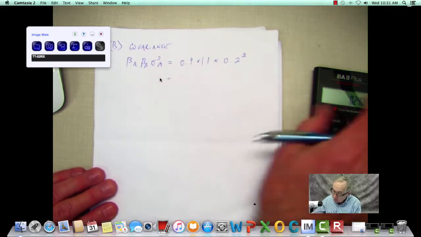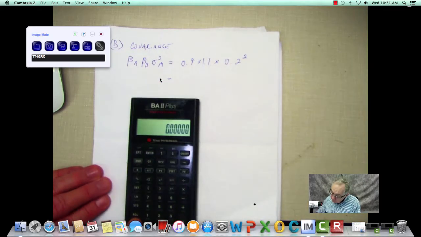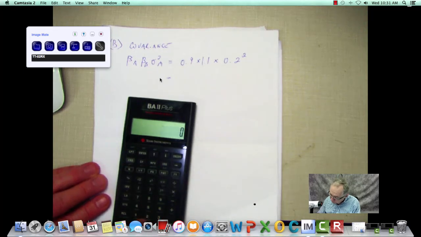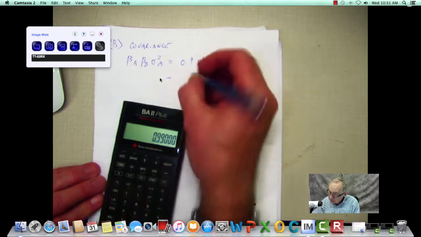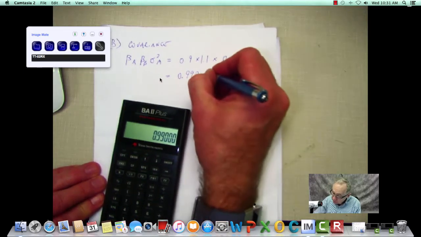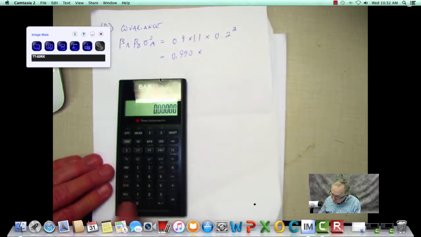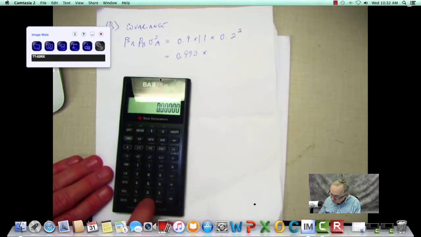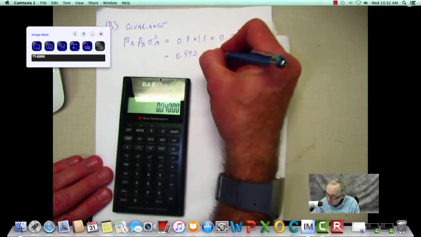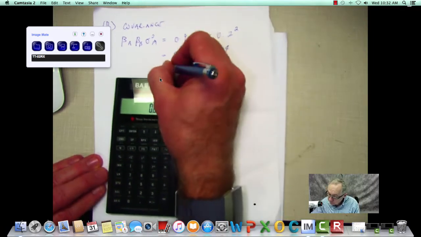So this becomes 0.9 times 1.1. 0.9 times 1.1 is 0.990, and we should know 0.2 squared is 0.04. Let's work through that again. 0.2 squared is 0.04.